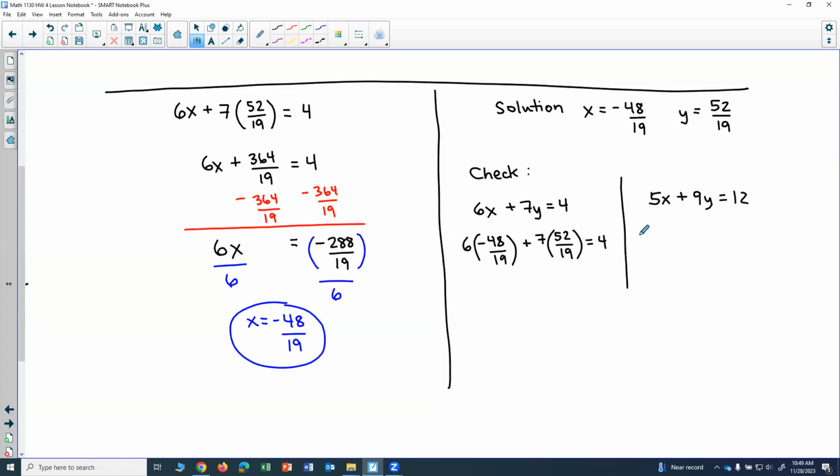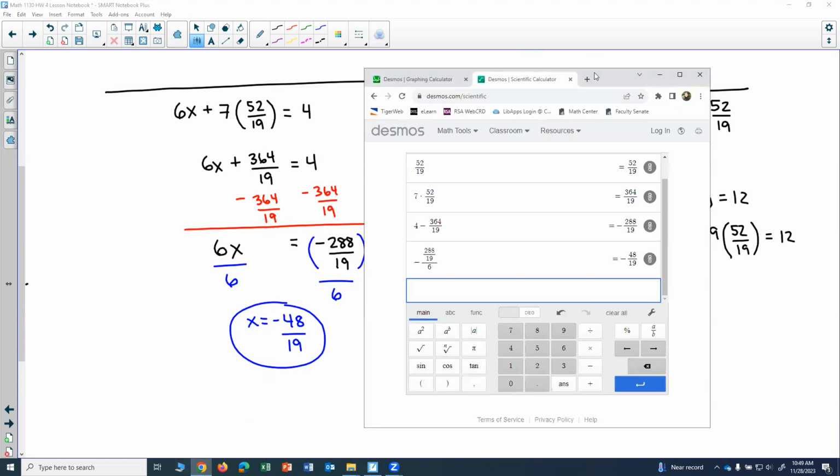And over here, I'll have 5 times negative 48 over 19 plus 9 times 52 over 19 equals 12. And now I'll use the calculator to check whether those are accurate or not.